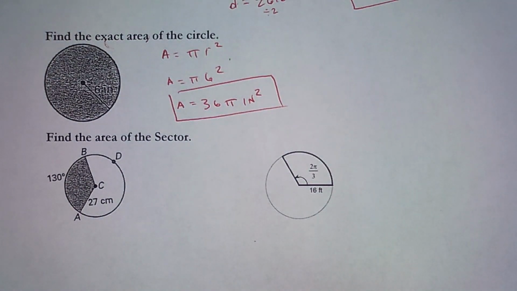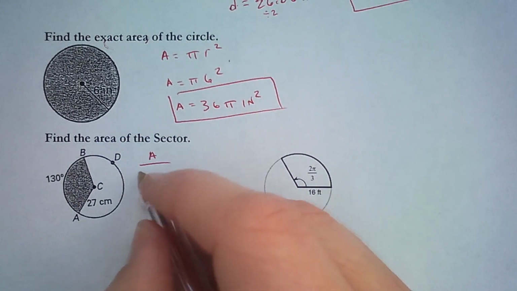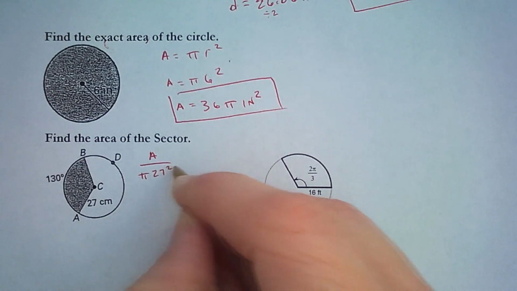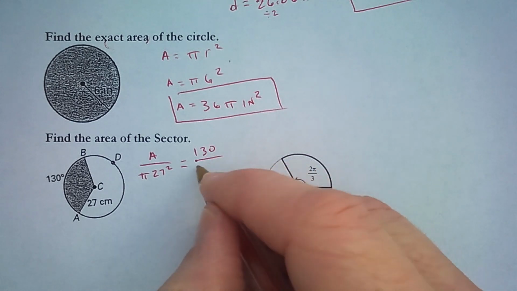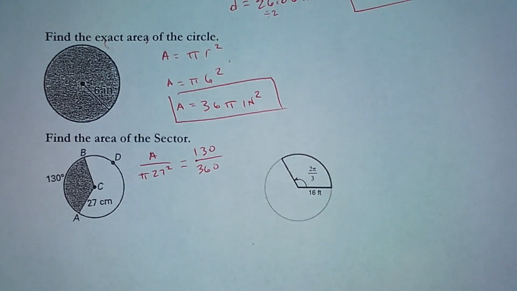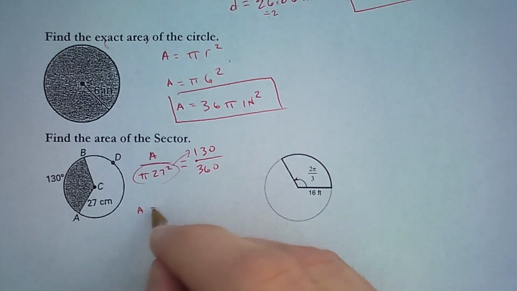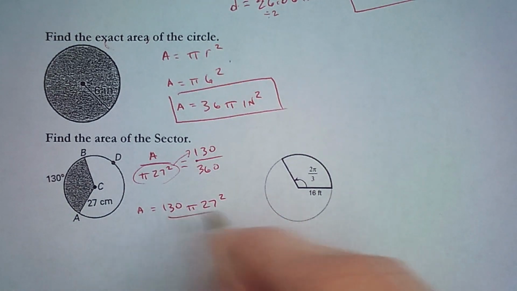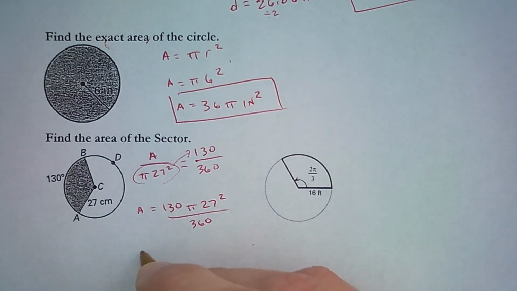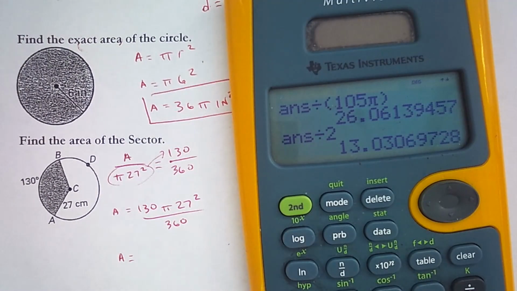Find the area of the sector. So the area of the sector is to the area of the circle, pi 27 squared, as the number of degrees of the sector is to the degrees of the whole circle, 360. So we'll multiply this across. So we have area is 130 times pi times 27 squared over 360. Okay, so we'll put in everything but the pi.